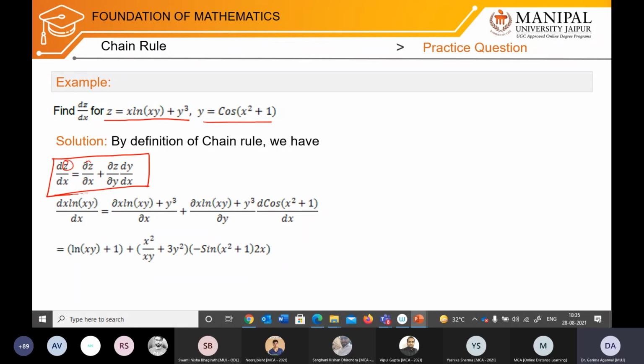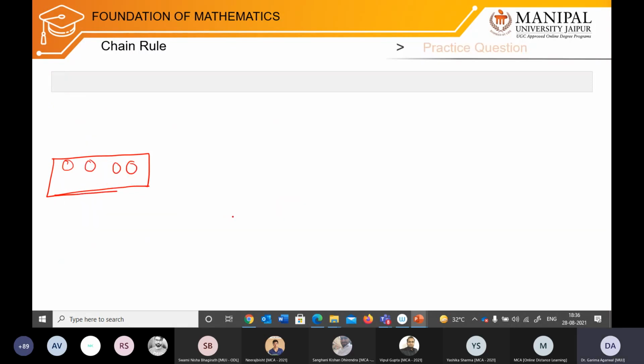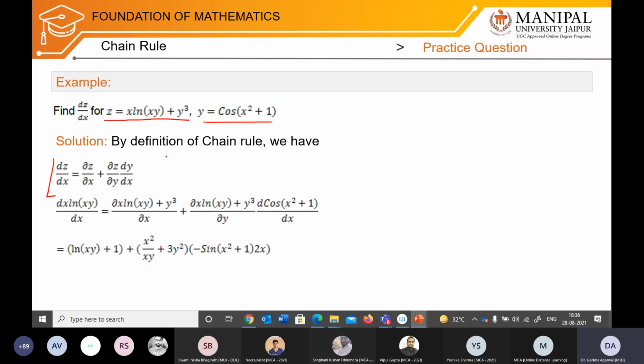Just substitute the value of z and y. Substitute all the values in the numerator only. No need to write the value in the denominator, right? Because you need to find the differentiation with respect to x. Then just write the derivative of all the terms. That's it.